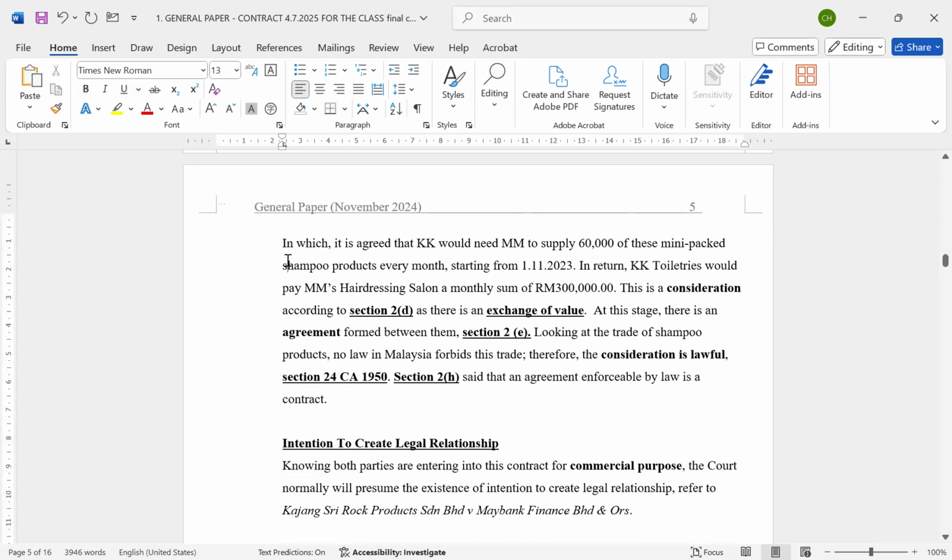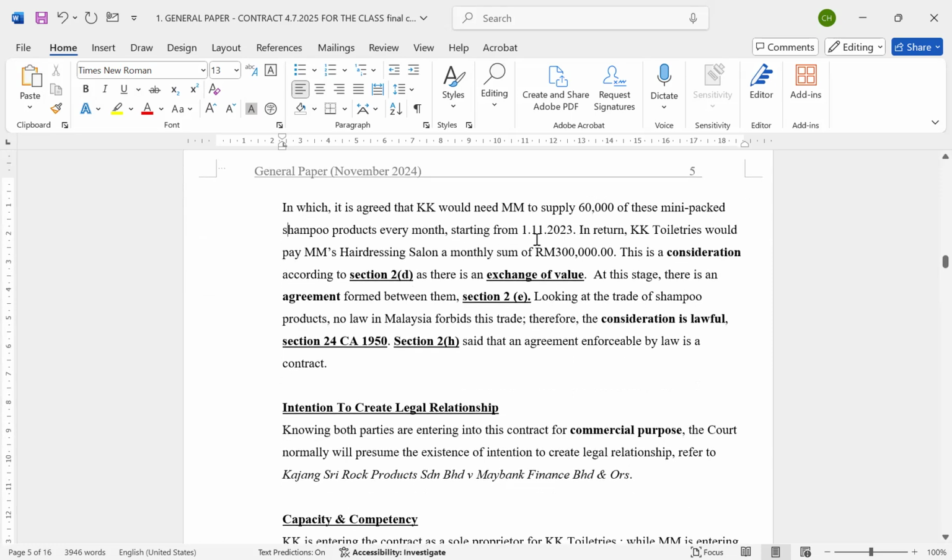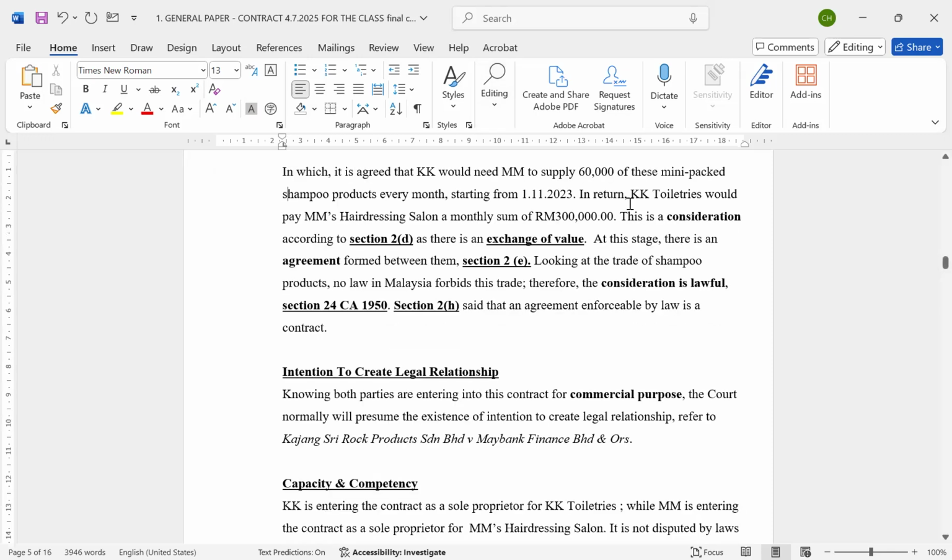Okay. So next, what you need to do, you discuss what is the exchange of value. This is mentioned in the facts, in which KK will need to supply 60,000 mini pack shampoo, 50 ml, from 1st November onwards, and then subsequently in return, MM will pay a monthly sum of 300,000 ringgit.